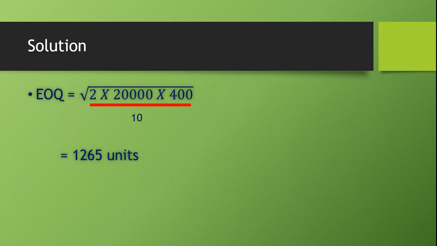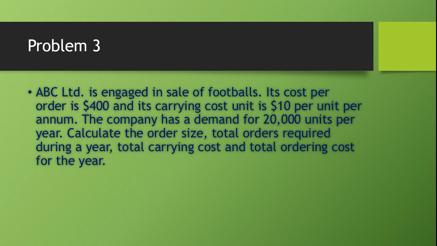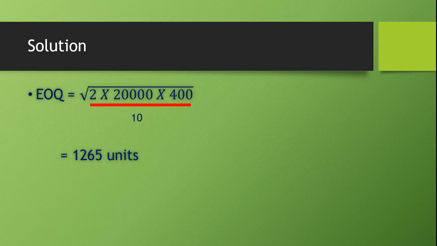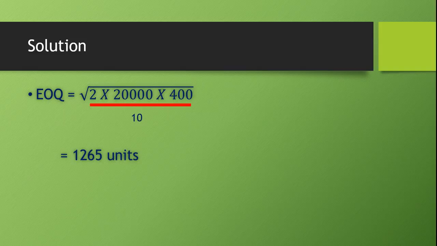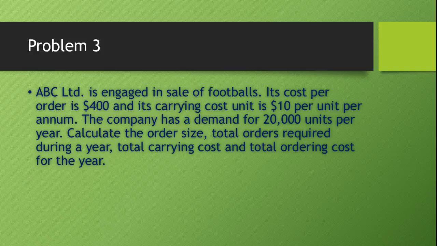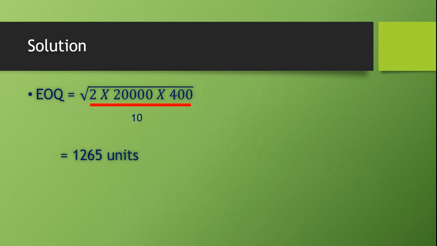The total carrying cost will be 1265 into 10, which is $10 per unit per annum, so you can multiply 1265 units by 10. And the total ordering cost is 1265 into 400. This way, we will calculate.